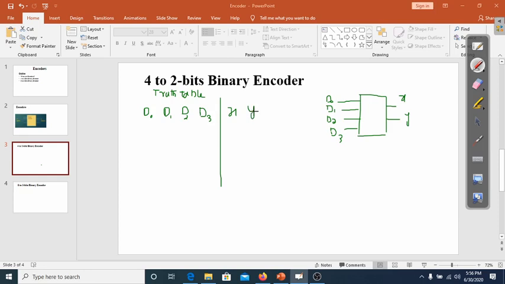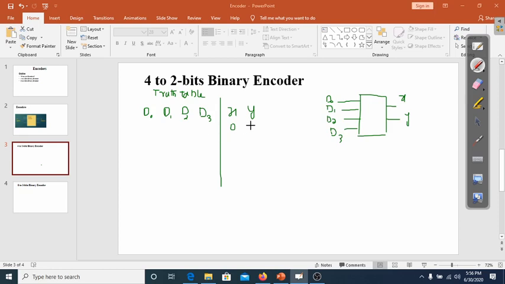So when D is equal to 0, all the inputs are active low. In that case, X should be equal to 0 and Y should be equal to 0. Sorry, no, I am sorry, only one input should be active high at a time. So in the first case, when D0 is active high, the remaining inputs are active low.